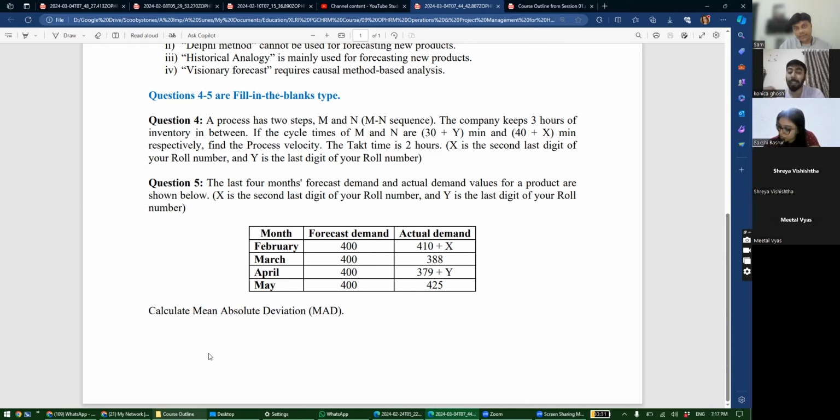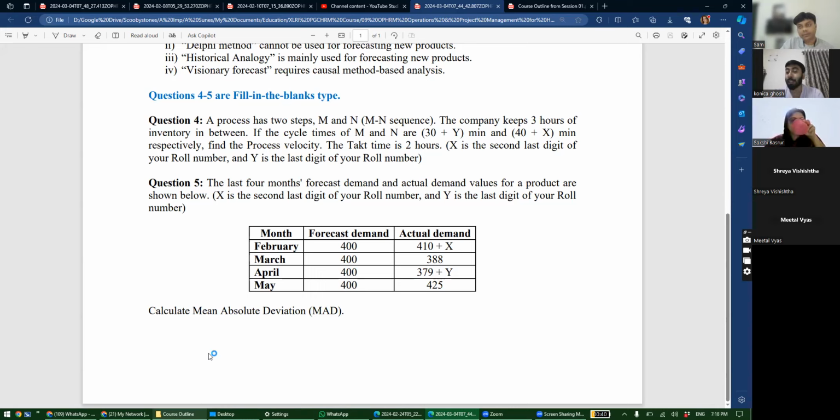When they're saying absolute, they're basically not wanting any positive or negative sign. How much is the deviation? They want us to omit the sign and just take the value. In mathematical terms, correct. That's why they're saying absolute deviation.